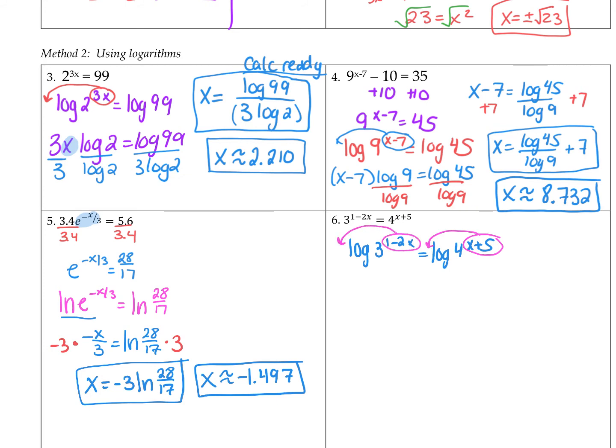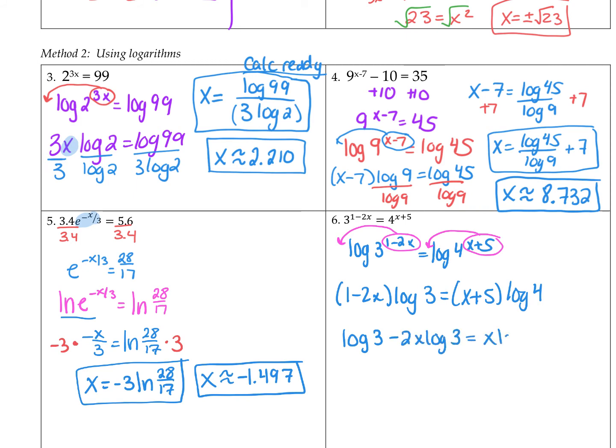So I'm going to have 1 minus 2x times log of 3 and x plus 5 times log of 4. So then I'm going to distribute. So I'm going to have 1 times log of 3 is log of 3 minus 2x times log of 3 equals x times log of 4 plus 5 times log of 4.